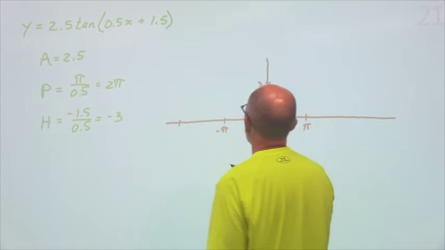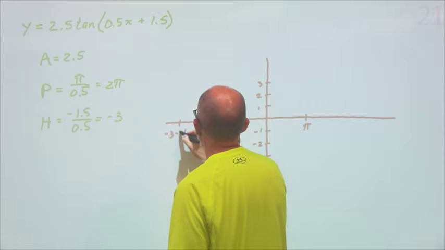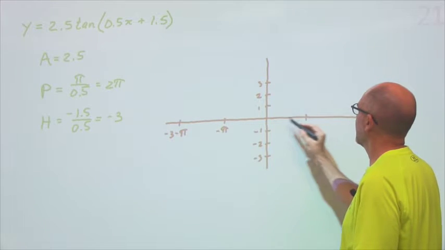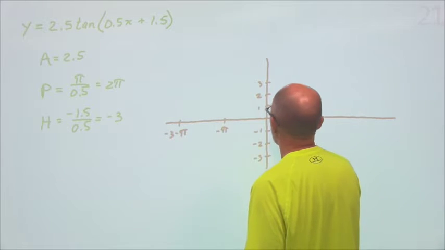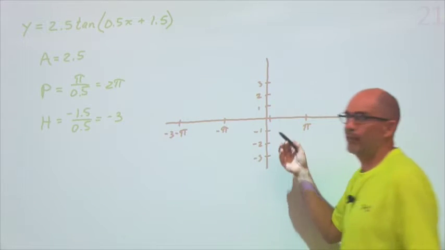So basically this is negative 3 minus pi. And then I'm going to move the right side also, so it's going to be pi minus 3, which would be 0.14 approximately.